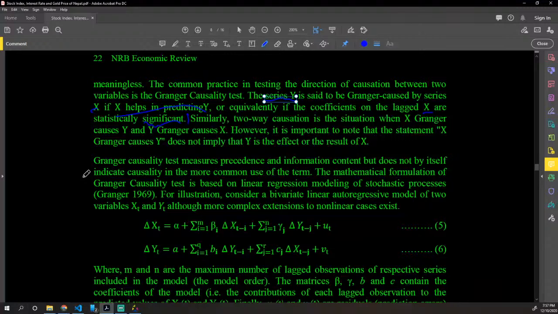Similarly, two-way causation is a situation where x causes y and y causes x. However, it is important to know that the statement x Granger causes y does not imply that y is the effect or result of x.